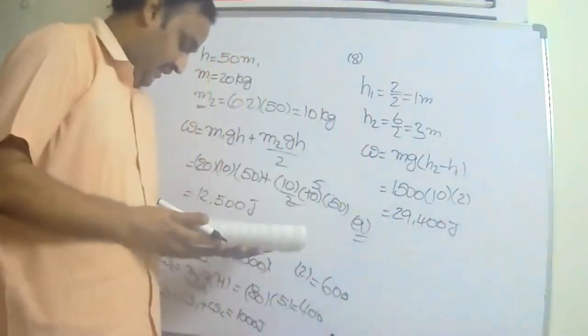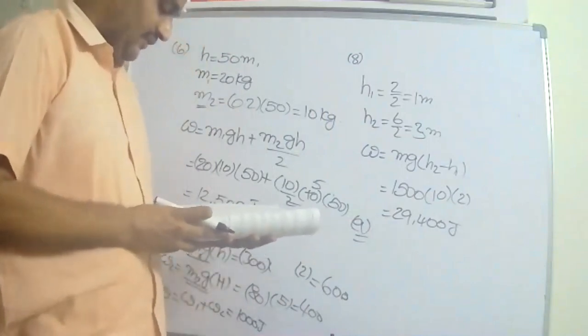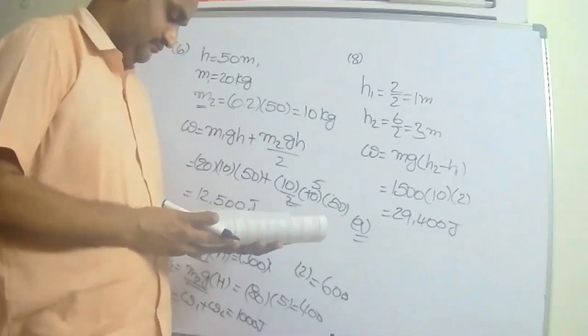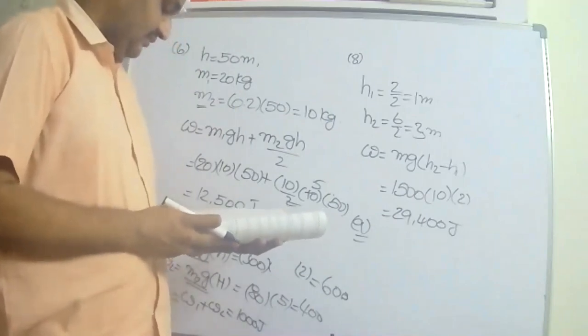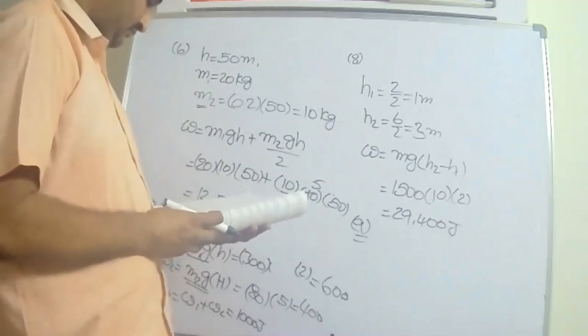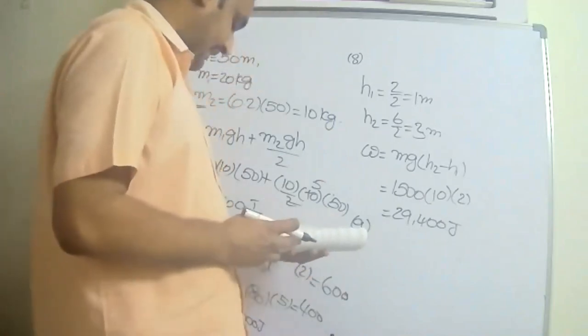9. A uniform rope of linear density D and length L hanging from the edge of the table. The work done in pulling the rope onto the table. We have already done this, haven't we? How much does it come? Linear density is given.